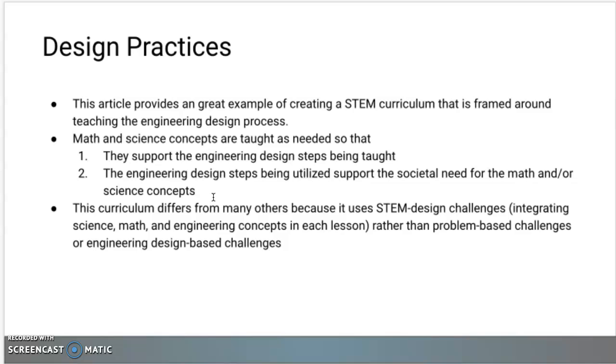I really liked that math and science concepts were taught as needed so that they were supporting the engineering design steps and also that the engineering design steps being used in the lessons were supporting the need for the math and science concepts. I think this curriculum differs from a lot of others because it uses a STEM design challenge, so it truly integrates all disciplines rather than just a problem-based challenge or an engineering design-based challenge.